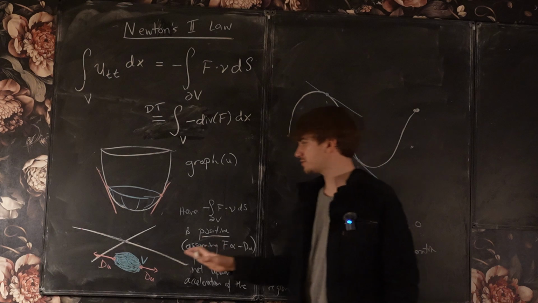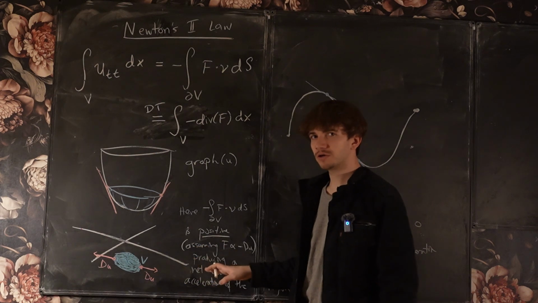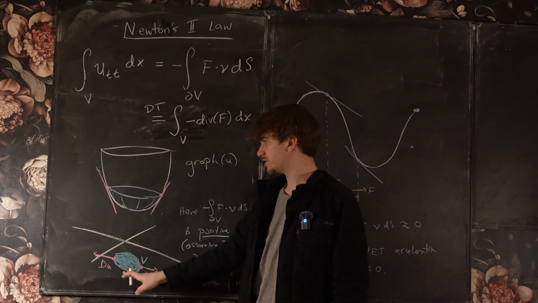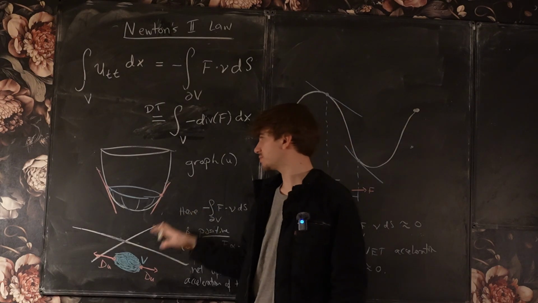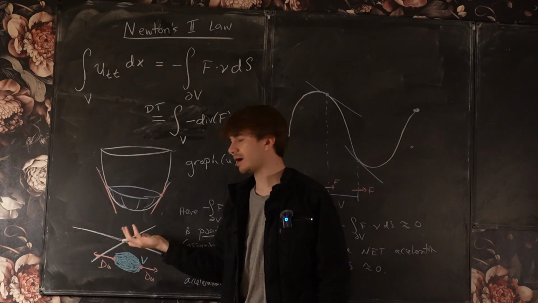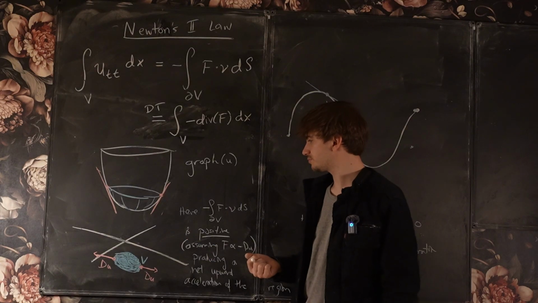So let's consider 2 dimensions here. Consider a region V in 2 dimensions, and then I look at the graph of my displacement here, and I've given some sort of convex paraboloid.